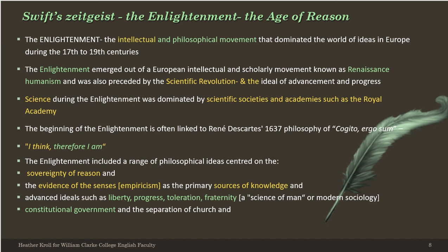One of the other philosophical ideas, as we've mentioned a few times, is evidence of the senses, or empiricism, as a primary source of knowledge, and advanced ideals such as liberty, progress, toleration, and fraternity. Now, some of these you might actually recognise as terms from the French Revolution.